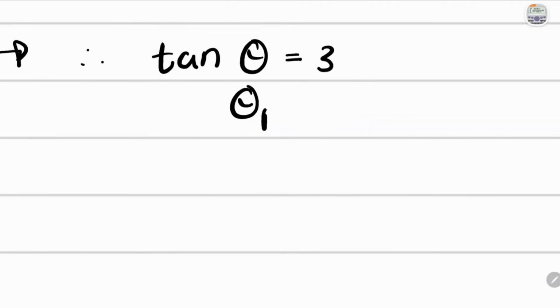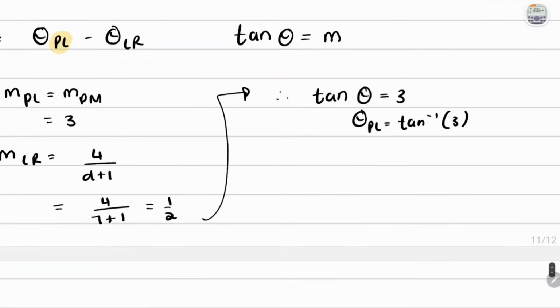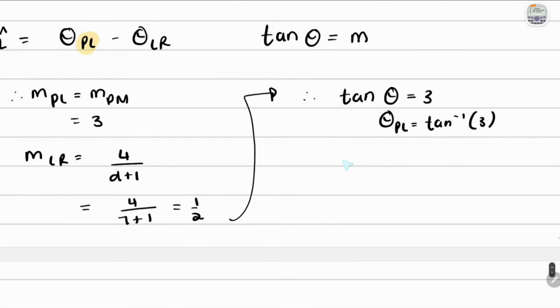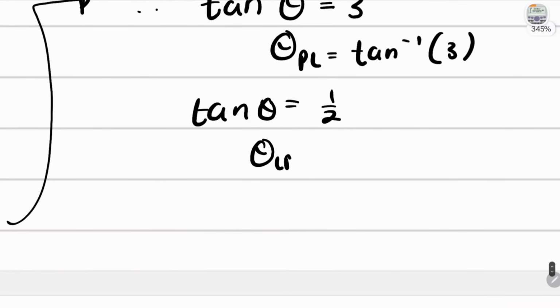The angle of inclination of PL is shift tan of 3. I'm not going to find the answer now. Leave it like this so that we can just use it as it is. And then we'll do the same thing for LR. That is tan of theta is equal to 1 over 2. So theta of LR is equal to shift tan, or arctan, of 1 over 2.